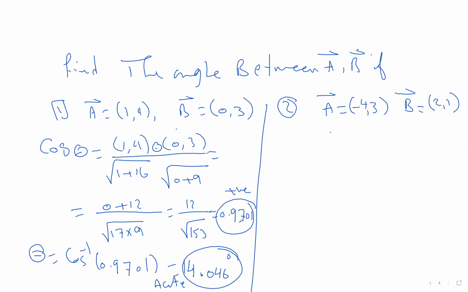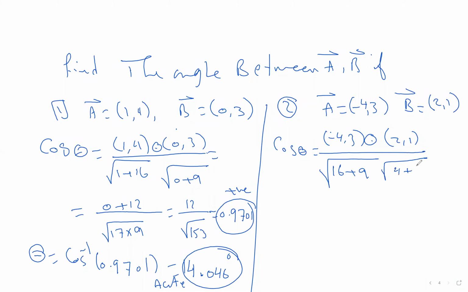Number 2, let's solve number 2 quickly. (-4, 3) dot (2, 1) divided by the square root of 16 plus 9 times the root of 4 plus 1.